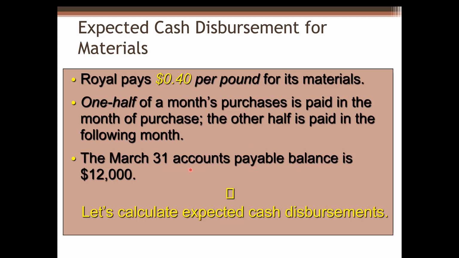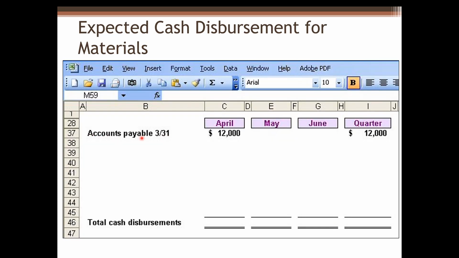The March accounts payable balance is $12,000. Let's calculate expected cash payments. The accounts payable ending balance in March will be carried into April and paid. So we put 12,000 here.